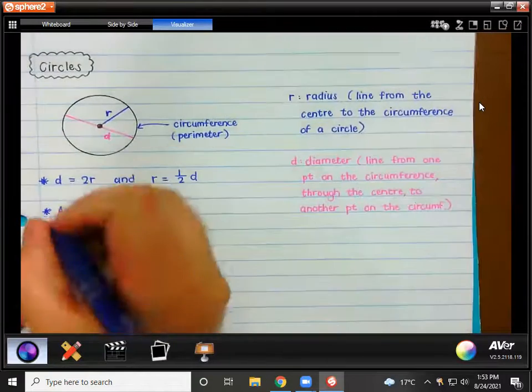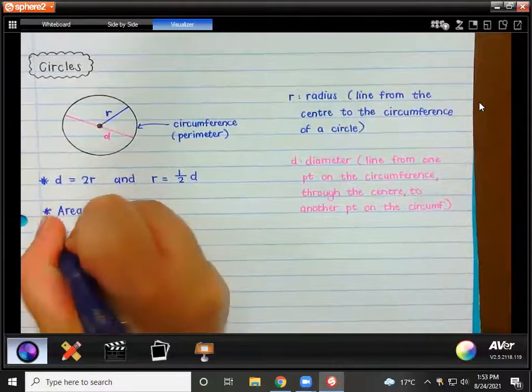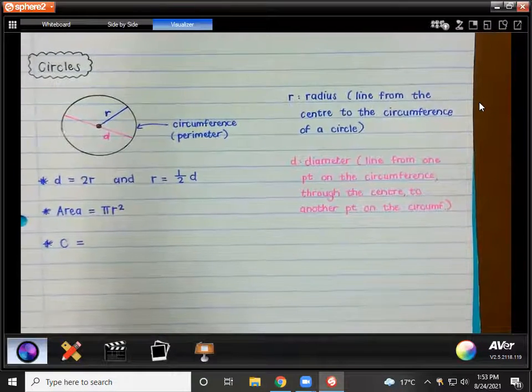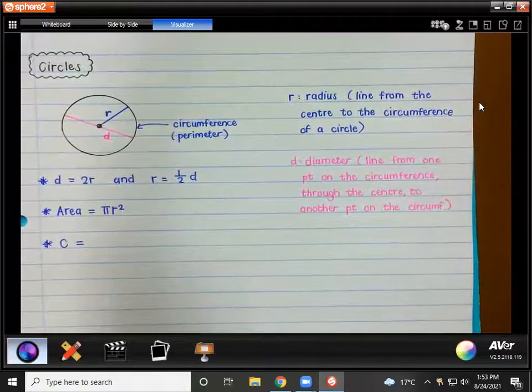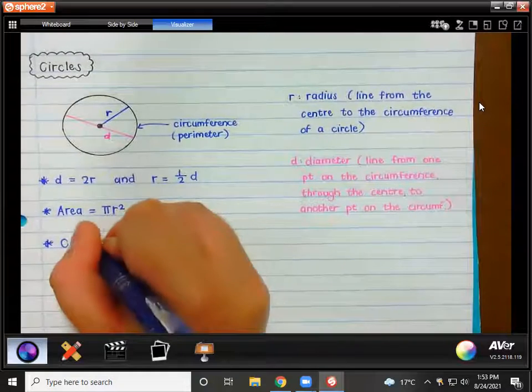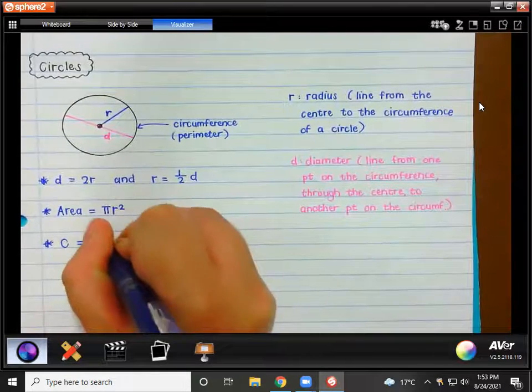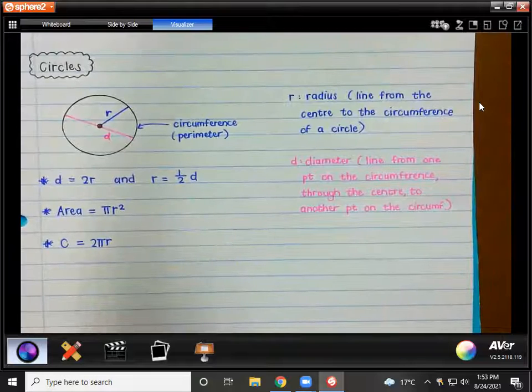Then the circumference, which we just use a C for. All right, so for the formula, circumference. Now there are two formulas that we can use. It's either going to be 2 pi radius. Again, we would use the pi button. So that means 2 times pi times the radius.